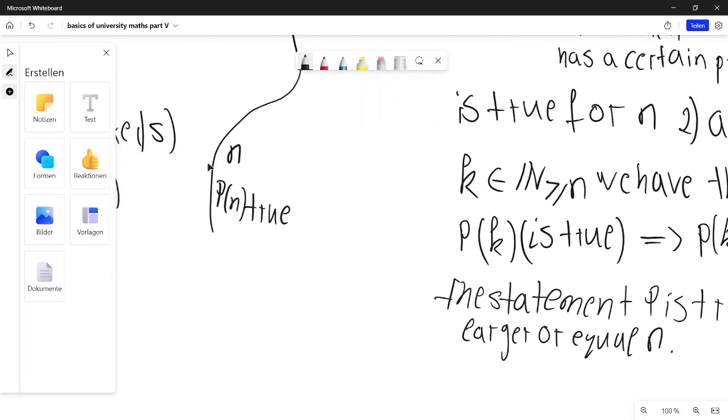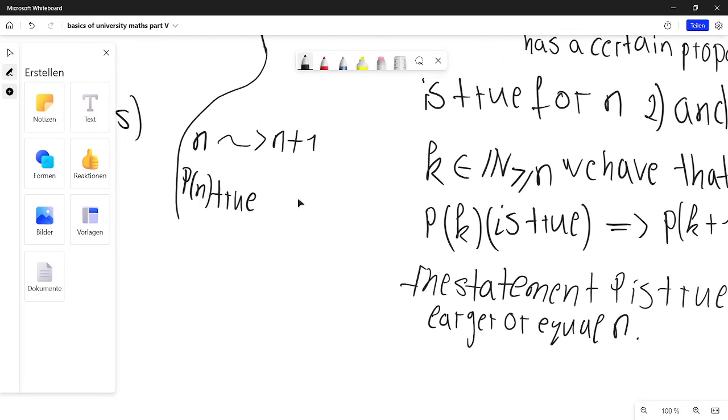And if P of n is true, then, okay, it's no implication, it's now just going to n plus 1. If we really have both conditions satisfied, P of n plus 1 is actually true. What's the problem, right?